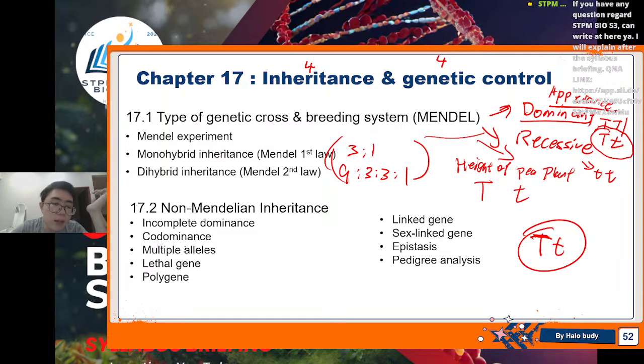This is what we call incomplete dominance. And in Mendel, if you still remember, there are only two types of allele: one allele is dominant and one allele is recessive. One gene only has two alleles, either dominant or recessive.